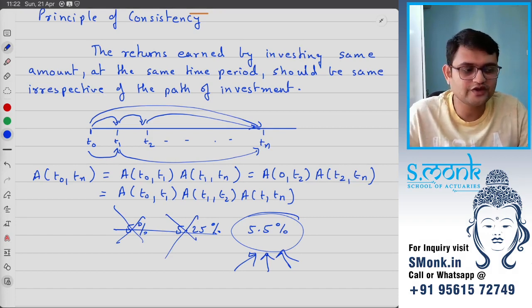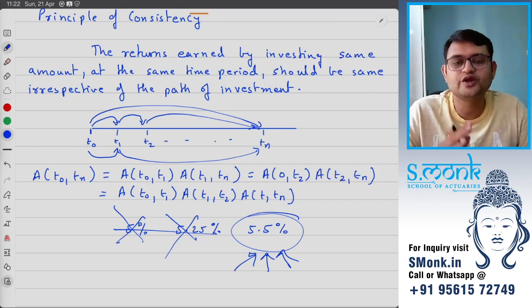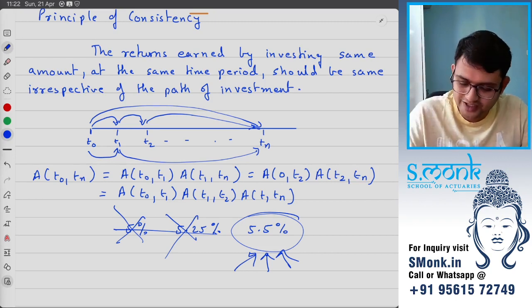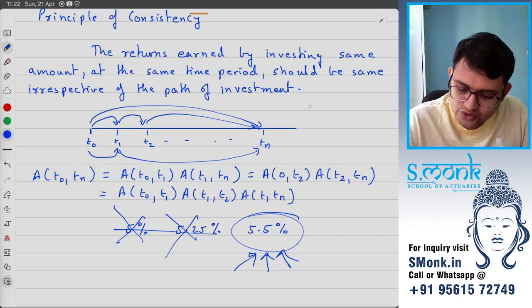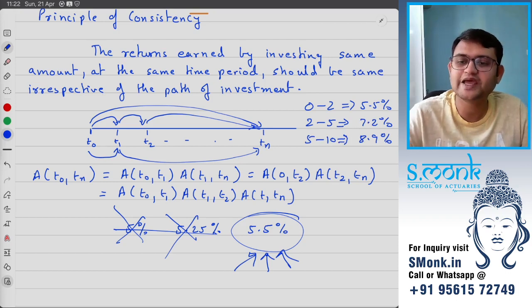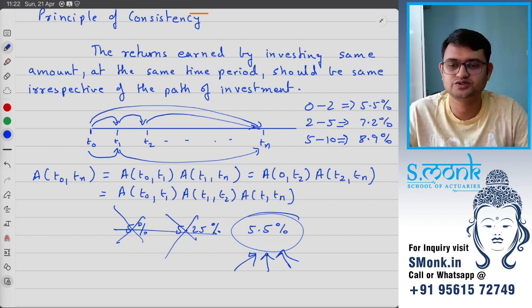Right. So now we have decided there is only one option, or one best option, for any given time period. It may keep on changing, as I said: from 0 to 2 it might be 5.5%, and then from 2 to 5 it might be 7.2%, and then 5 to 10 it might be 8.9%. This may happen, but for a given time period we are saying there is only one option.